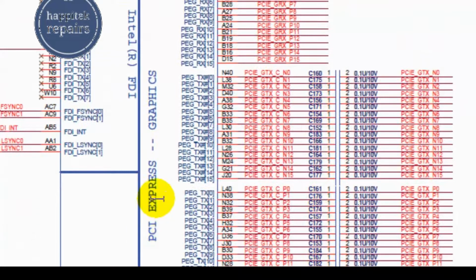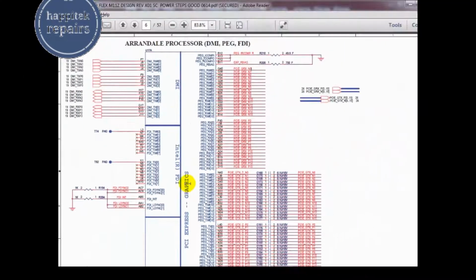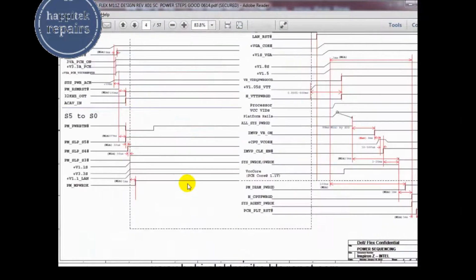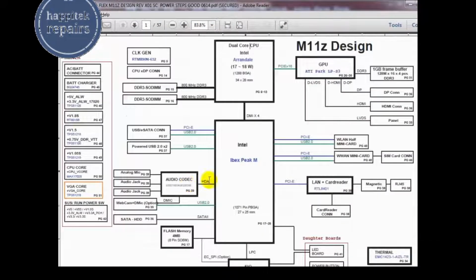This is your PCI Express graphic control. Here it is also written PCIe X16. So this connection is PCIe X16 to the graphic ICs, and from the graphic ICs one connection is LVDS, one connection is HDMI, DDR and DP. Like these connections are there.